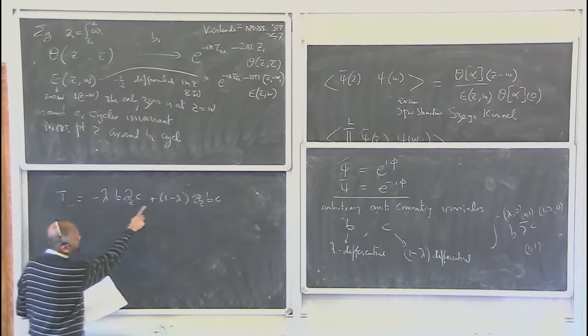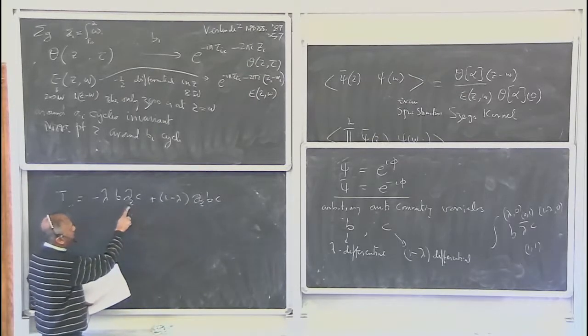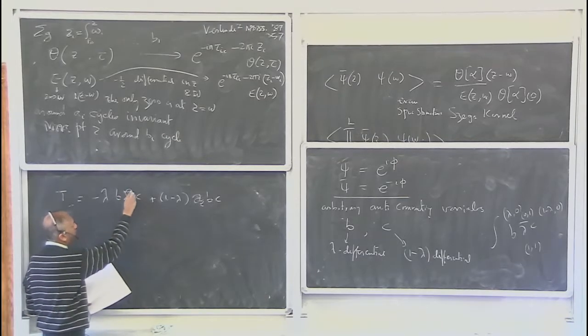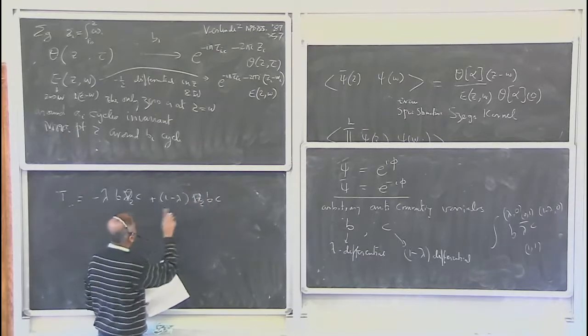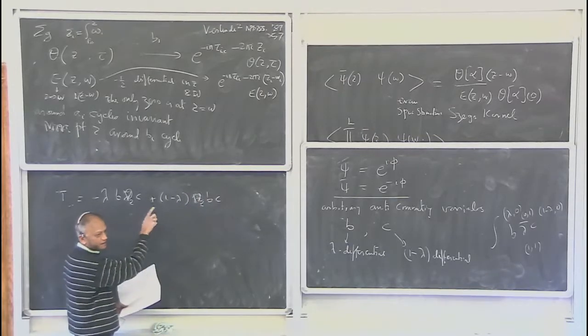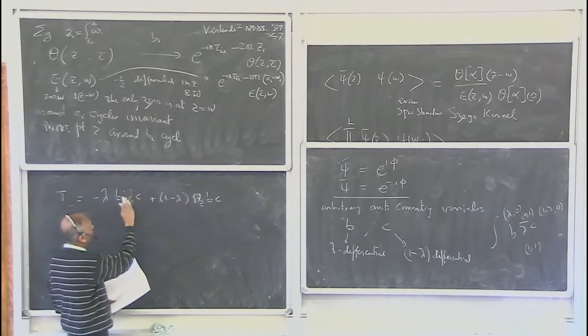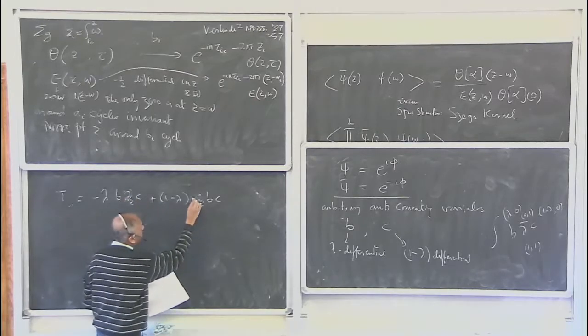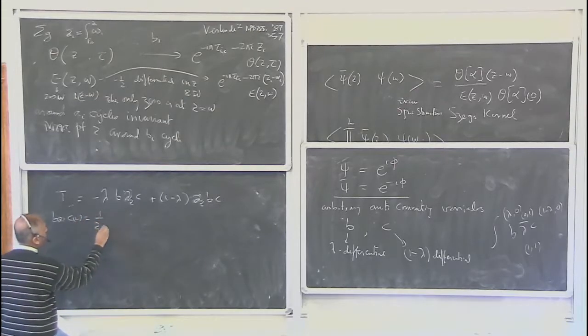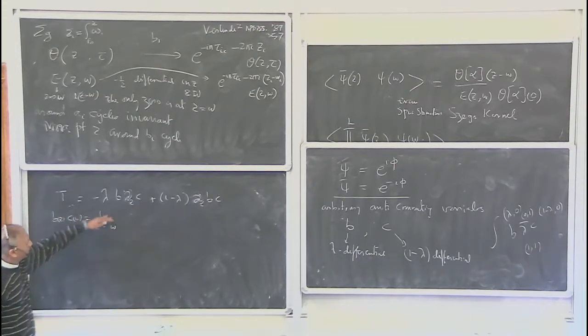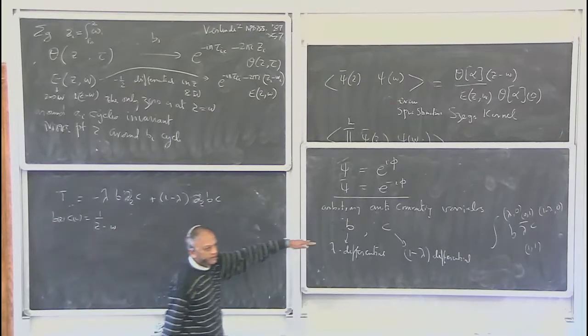By the way, this combination is precisely such that it doesn't matter whether you use the covariant derivative, for which you need the connections here, because the connection term cancels in this combination, so you can just replace it by the ordinary dz. Okay. And one can indeed check that if I look at the OPE, B C is 1 over z minus w, that it correctly reproduces the dimensions of B and C.